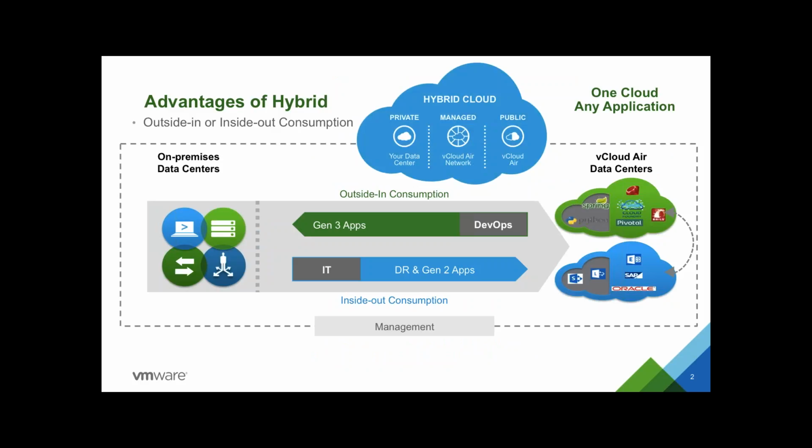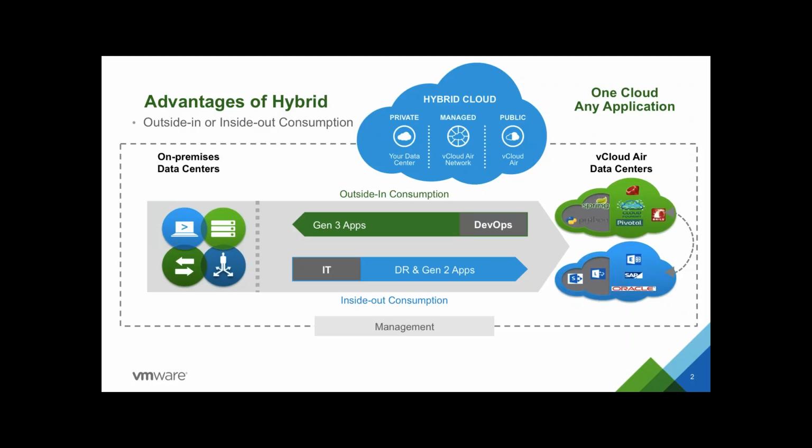One of the advantages of having a hybrid solution is that through the different offerings, like the private cloud, the cloud that is in your data center, or a managed cloud by one of our vCloud Air network providers, or through vCloud Air, the public cloud, customers can extend the traditional, what we call Gen 2 applications into the cloud, and also enable application and database disaster recovery by extending their applications into the cloud.